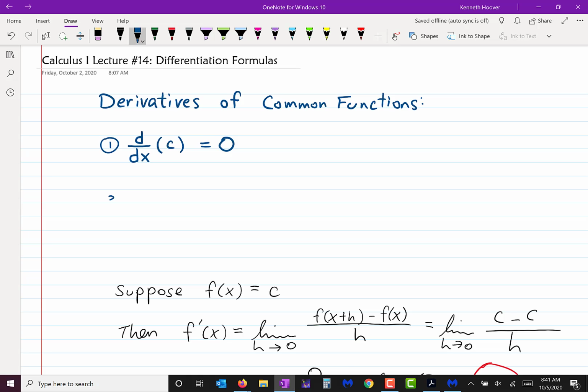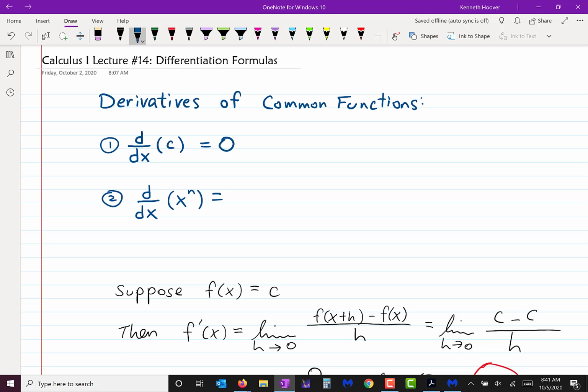All right, number 2. I want to show you how to do the derivative of x raised to some power. Okay, now I'm going to tell you the rule for this, the formula, and this formula is true for any real number n. Okay?